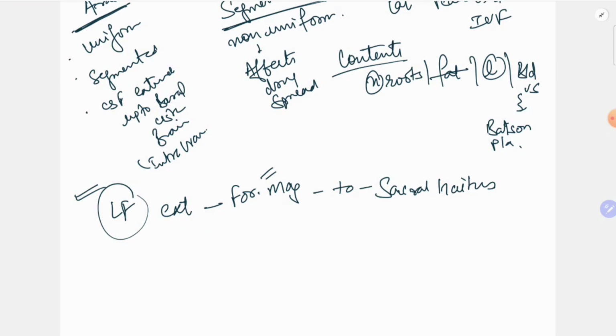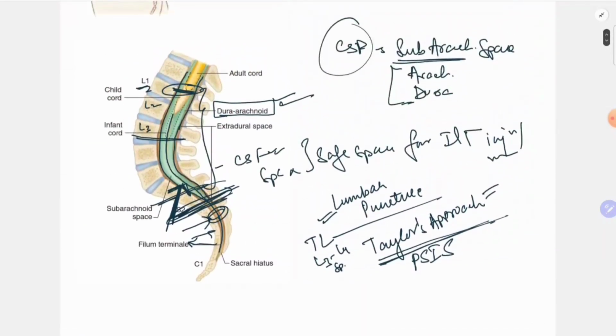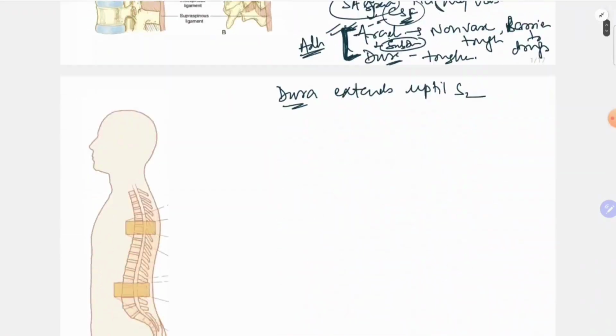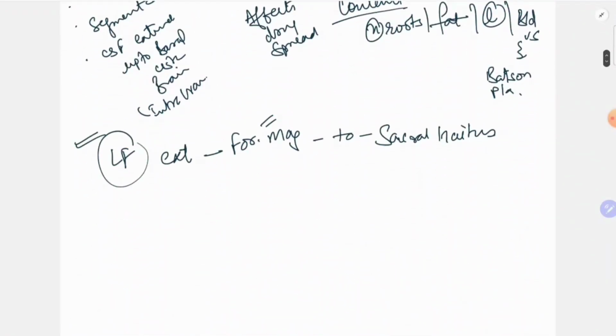Basically any drug that I have given in the epidural space, there are less chances of it reaching the brain unless the drug diffuses through the dura and arachnoid into the CSF and basically becomes intrathecal, and that ascends up along with CSF. Other than that, any substance in the epidural space should not reach inside the cranium in substantial concentrations. So that's why the ligamentum flavum is important.